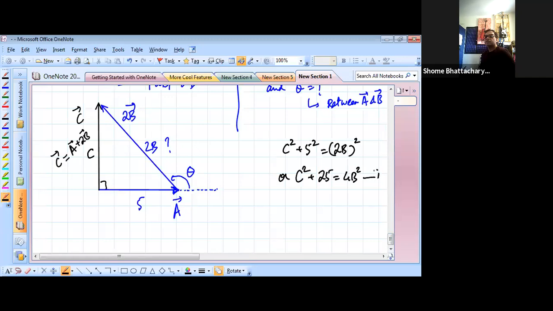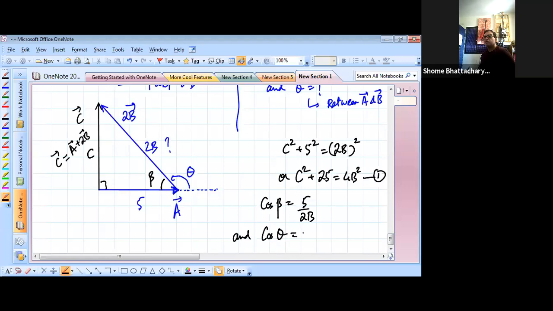So that is my first equation. Two unknowns, c and b, which we have to find out, will come from solving this equation with something else. And the other thing is, if this angle is theta, then this angle is, let us say, some beta. So we can see in the diagram that cos of beta is base upon hypotenuse, so 5 by 2b.